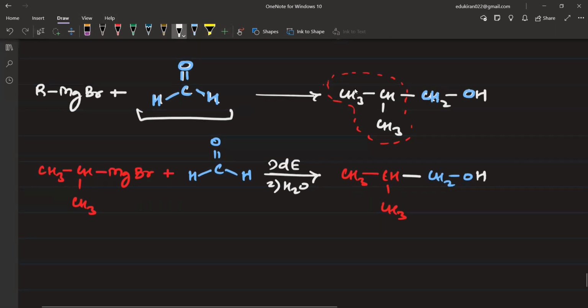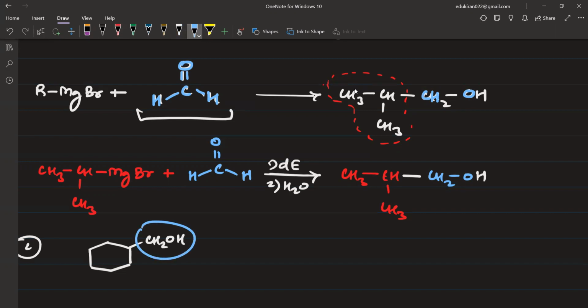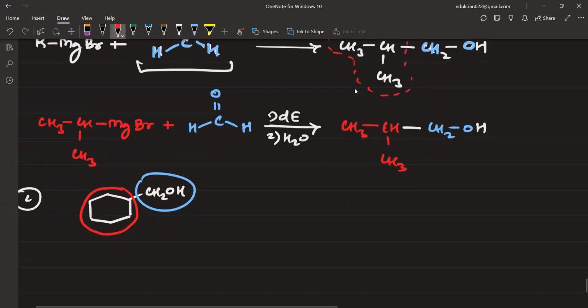Similarly, if you have something like this, as soon as you have methanol, see, which part will come from methanol? This part will be from methanol, yes or no? And this rest of the part will be from the Grignard reagent. So what are the two molecules that we have to react?